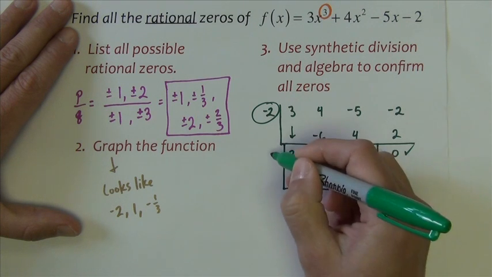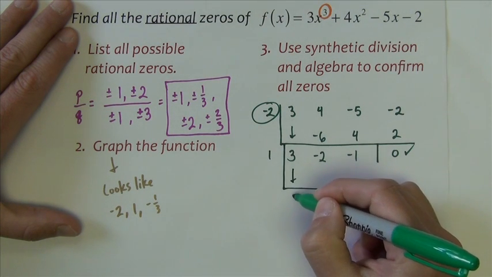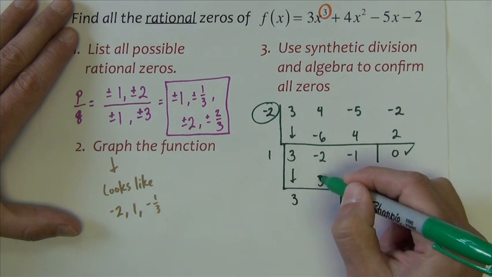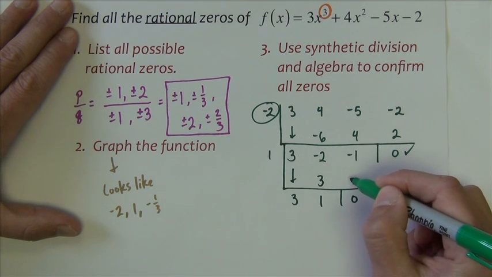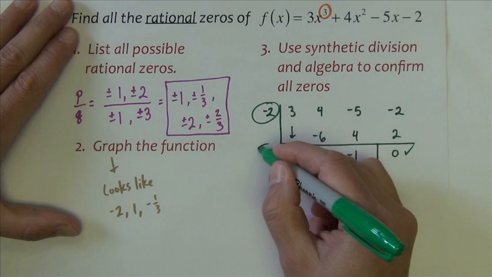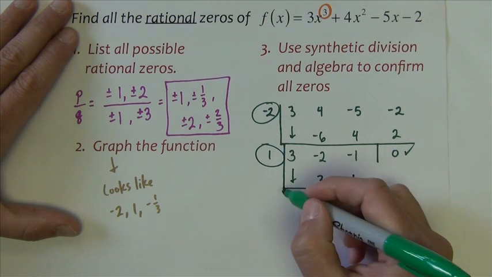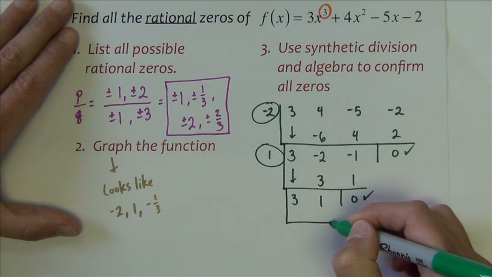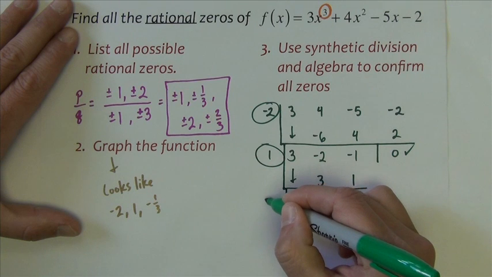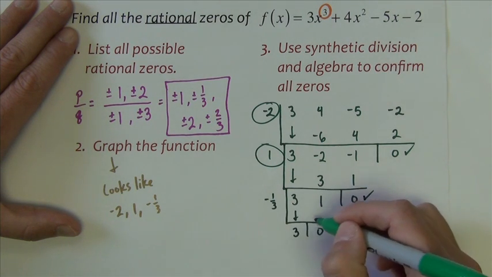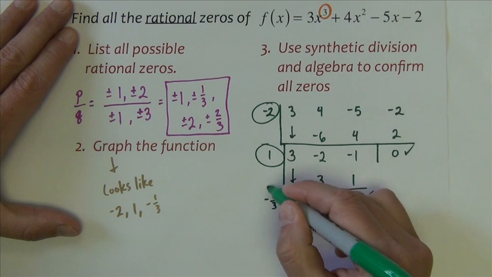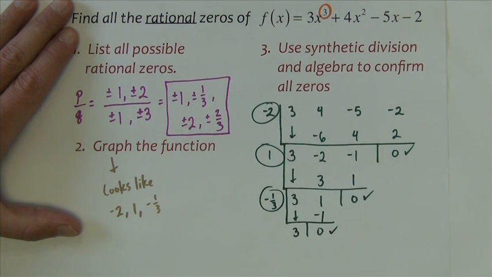I'm looking for a 0. I bring down the 3, I multiply, I add together, and I multiply, and sure enough, that's a 0. And I'm going to try the -1/3. I bring down the 3, I multiply, and sure enough, that's a 0 too.